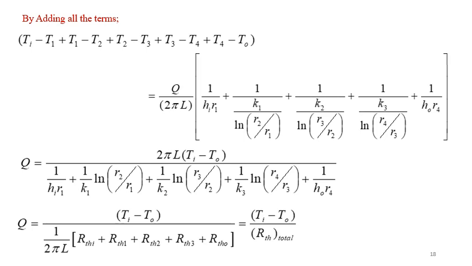Now, if you multiply this 2 pi L to this R, then you will get R total. So Q is equal to Ti minus T naught divided by the total thermal resistance.